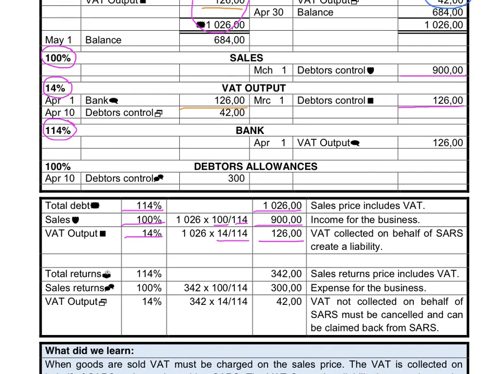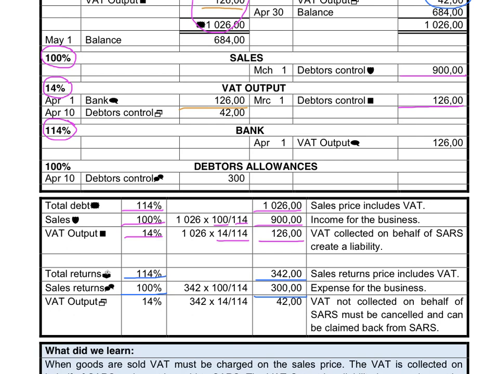So in my calculation, the total amount that was returned is 342 Rand. That includes the VAT, so it equals 114%. Sales returns equals 100%, excluding the VAT. So 100 over 114 will show us that the business reduces their profits with 300 because the goods were returned.